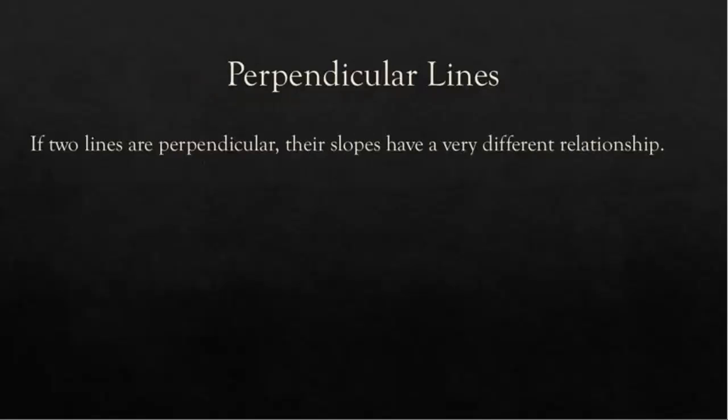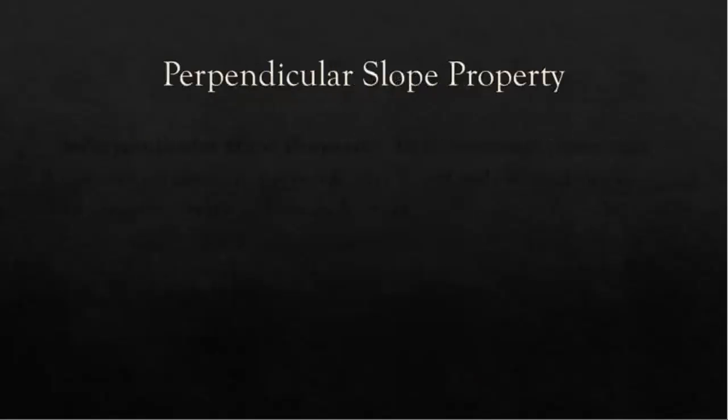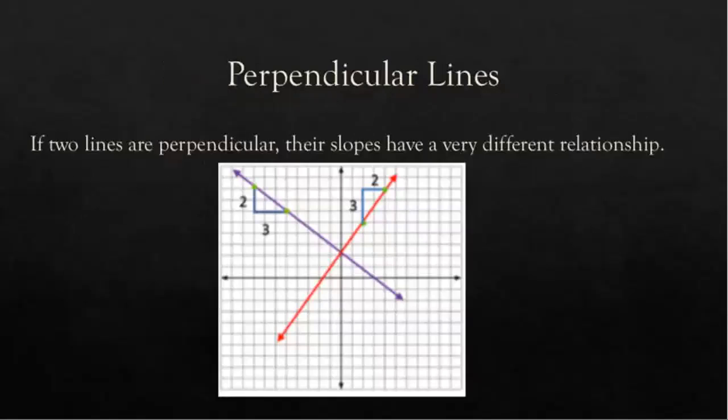Now, what about perpendicular lines? If two lines are perpendicular, their slopes are going to have a very different relationship. Let's look at this picture of two perpendicular lines. What is the slope of the red line?